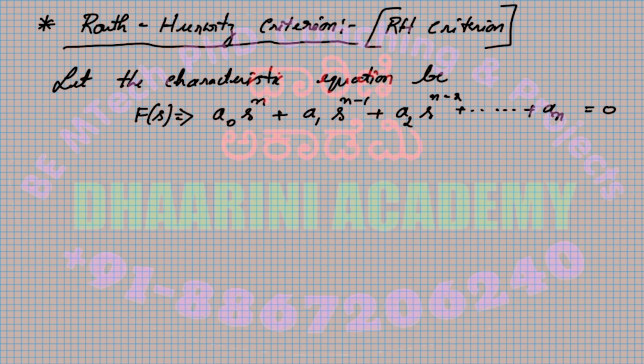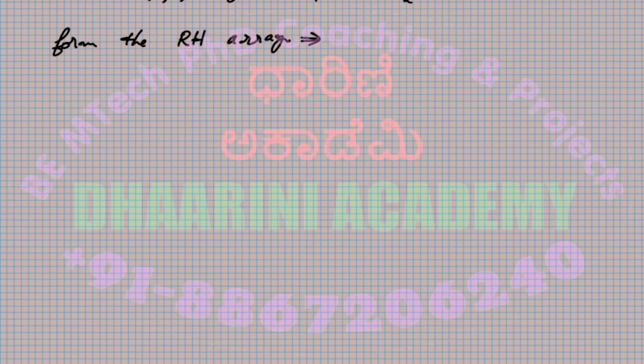Now, in order to identify the stability, what we are supposed to do is form the Routh array, the RH array. The RH array is going to look like this.